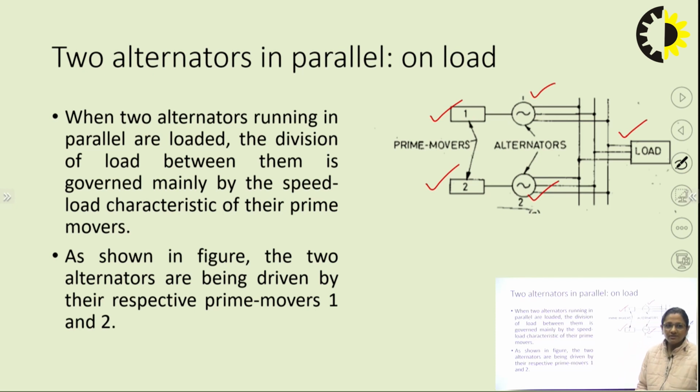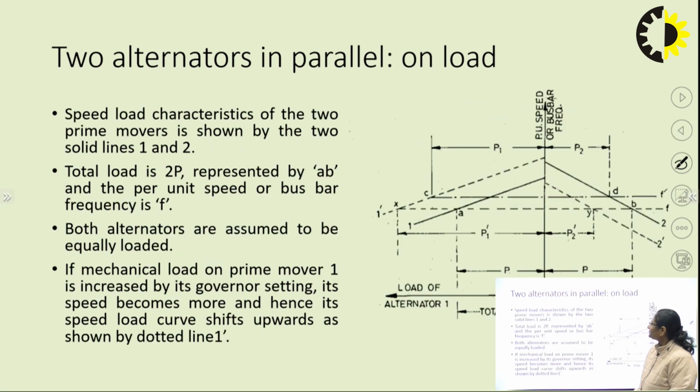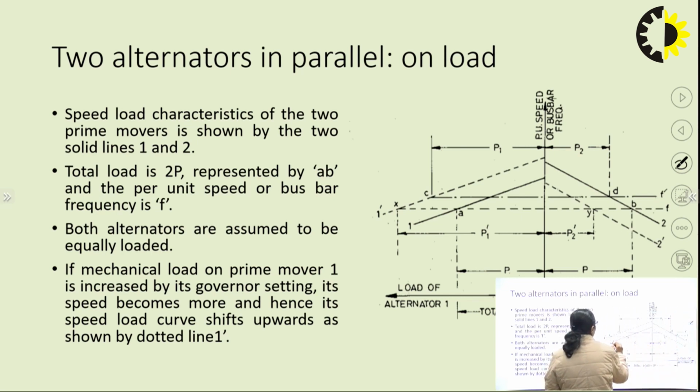As shown in the figure, the two alternators are being driven by prime mover 1 and prime mover 2. So, the load shared by two alternators would be dependent upon the speed load characteristic of prime mover 1 and prime mover 2. The speed load characteristic of two prime movers is shown in the figure. It is represented by the two solid lines, line 1 and line 2.